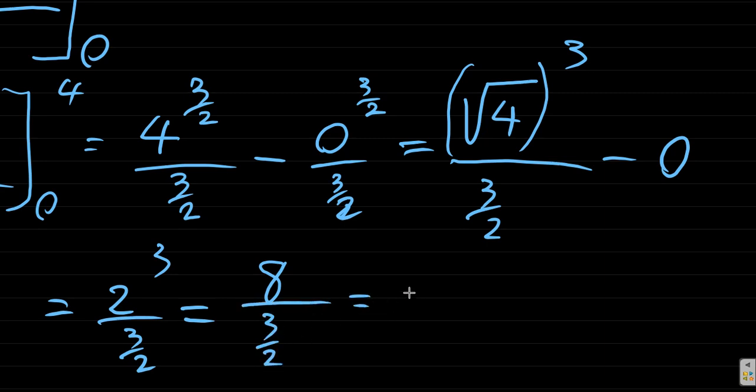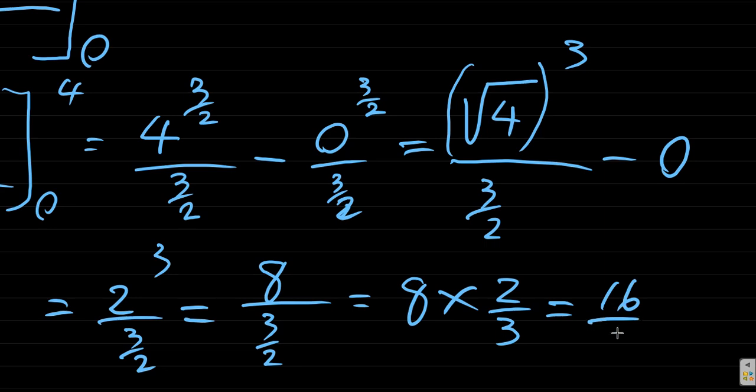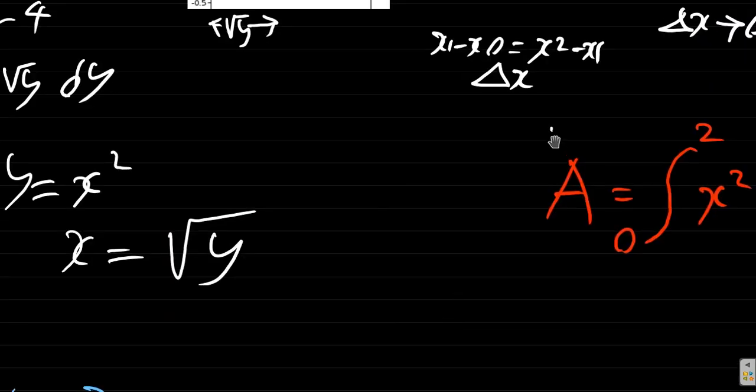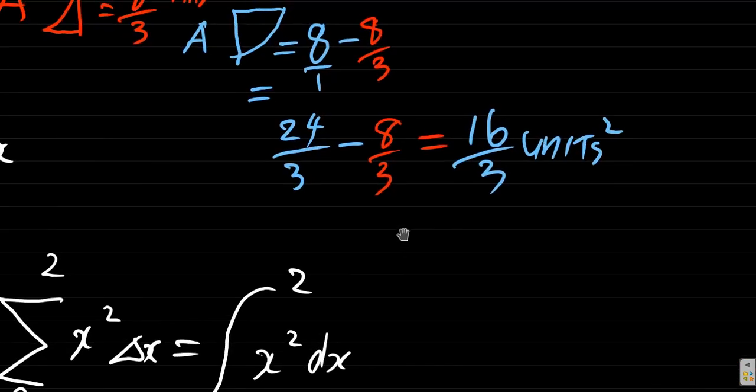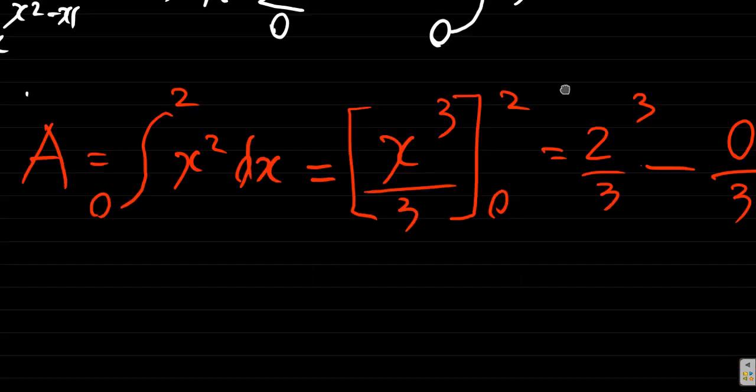But this is the same as 8 multiplied by, remember when you have a number divided by a fraction, it's the same as the number times the reciprocal of the fraction. So 8 times 2 over 3 is 16 over 3 units squared. Alright, what did we get up here? 16 over 3 units squared.